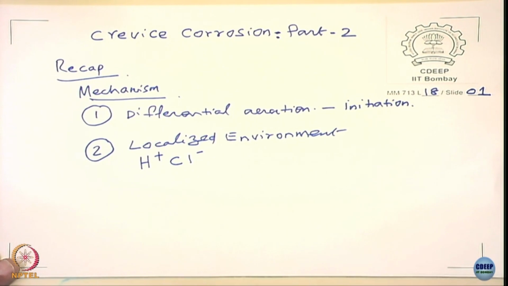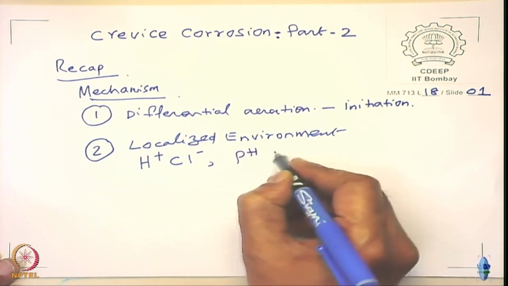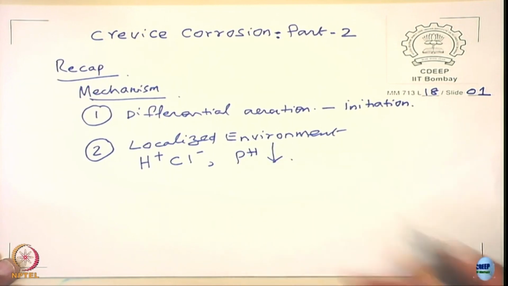If the environment has chlorides, the chlorides migrate towards the crevice. So the pH drops significantly, and with chlorides present, the passive metals start depassivating. It becomes totally active, so corrosion occurs.